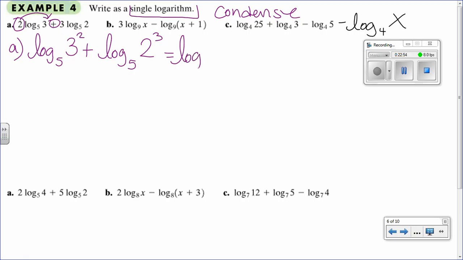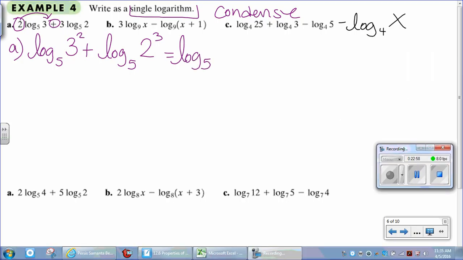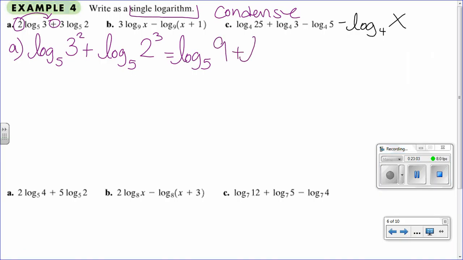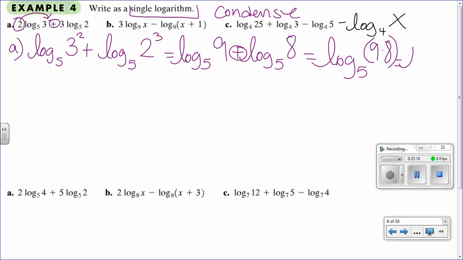Now from there, it's your choice in which order you take the following steps. Now at the end, since we have the sum of two logs, what's going to happen when we condense is that we will have the log of a product. So 9 times 8, which is 72.